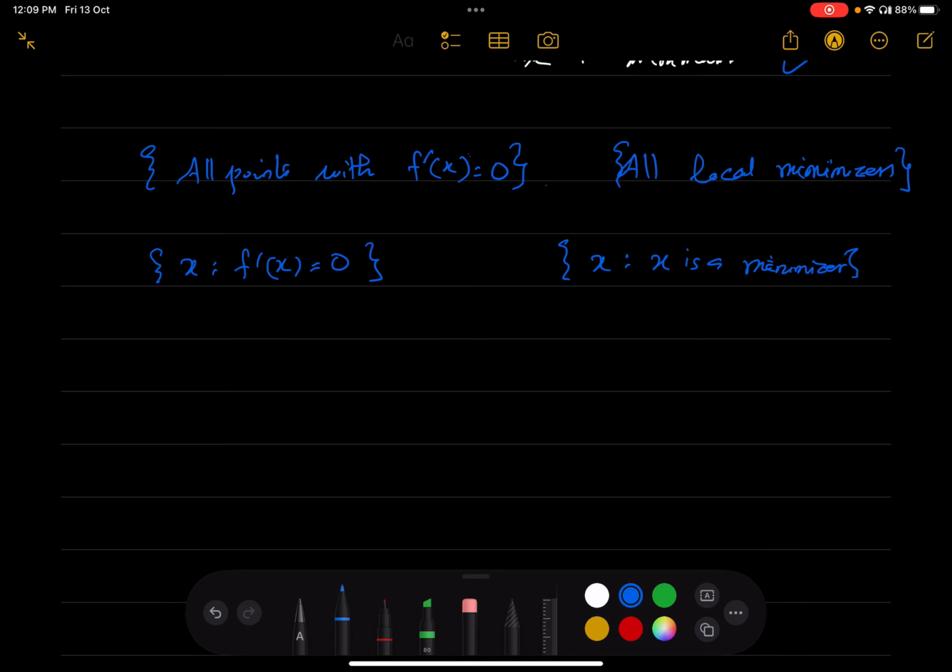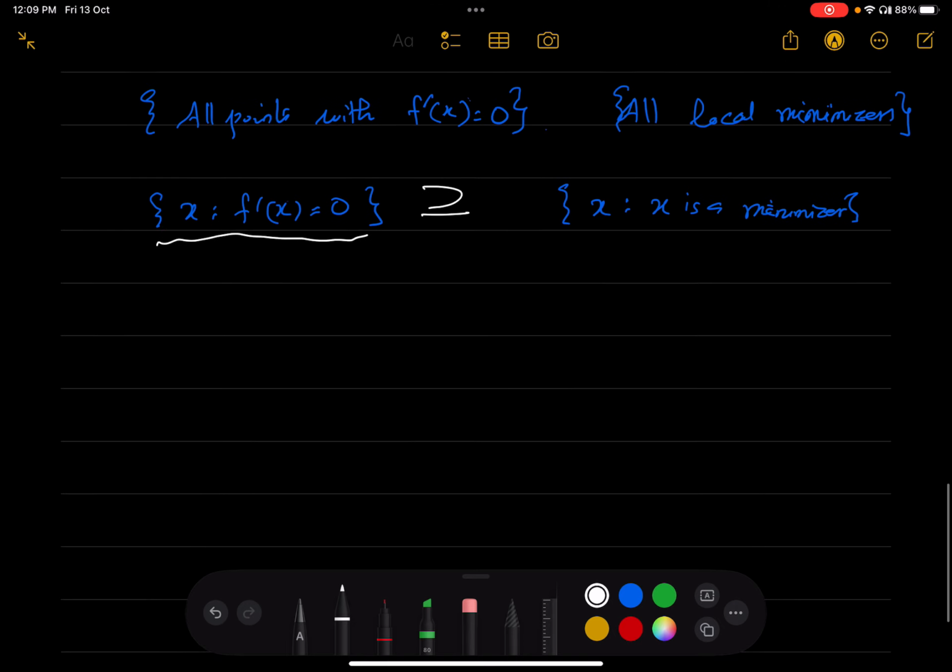What will be the relationship of these sets since it is satisfying the necessary condition? The set of minimizers will always be a subset, an improper subset, of the other set. It could be equal, but always keep in mind that this is a bigger set and this is a smaller set.